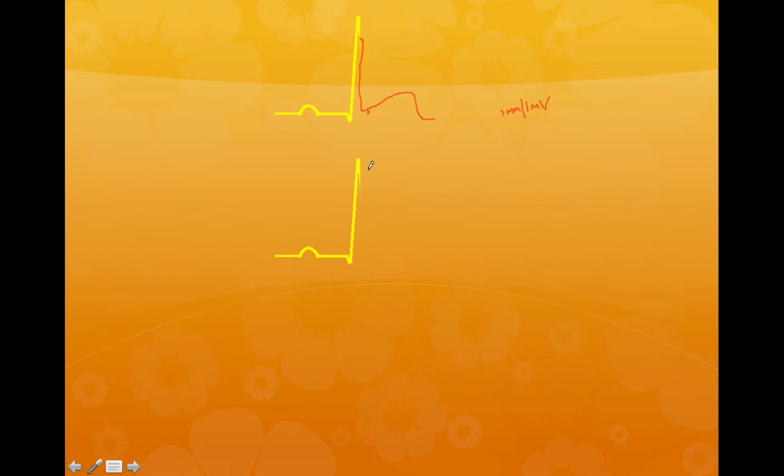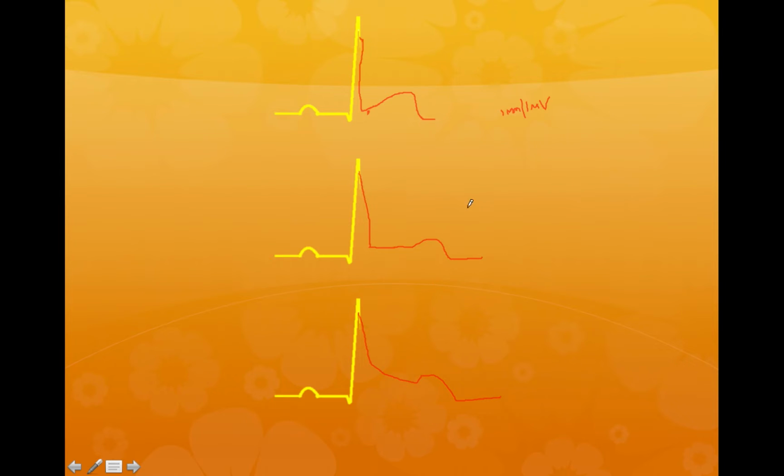Next example, and here, instead of upsloping, we'll have a bit of a gammy QRS, but then we'll have some horizontal ST elevation. And finally, we'll have some downsloping ST elevation.